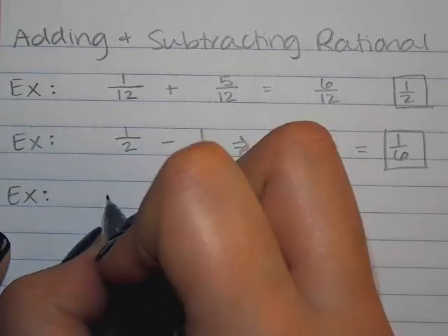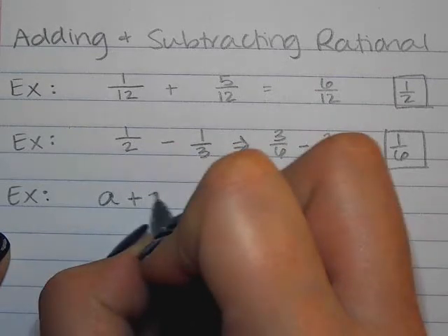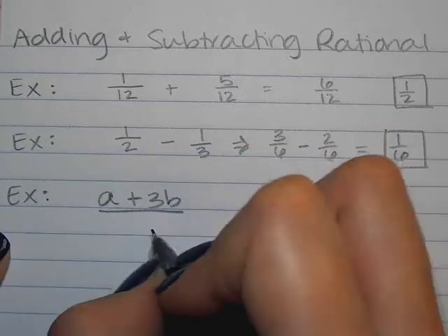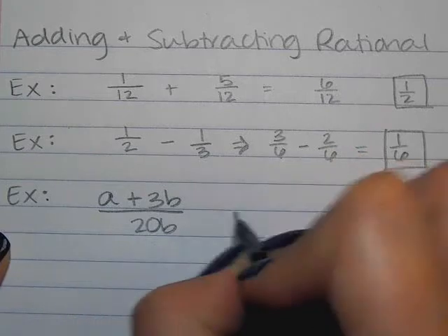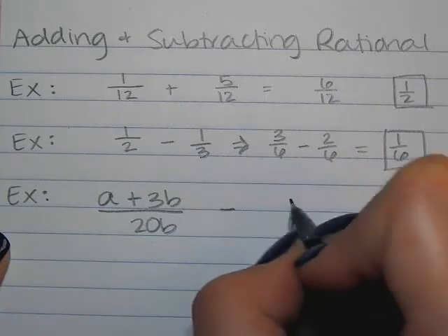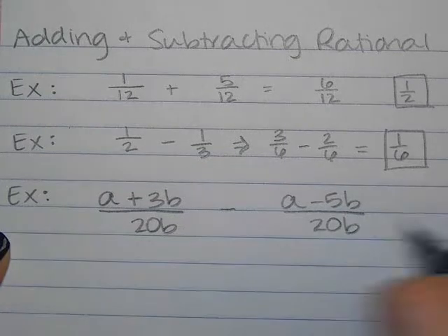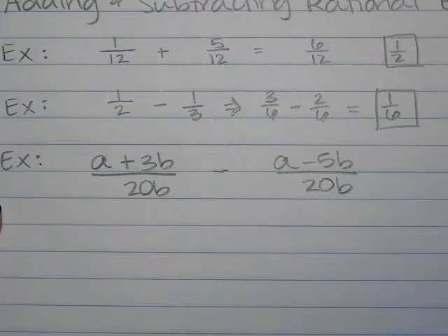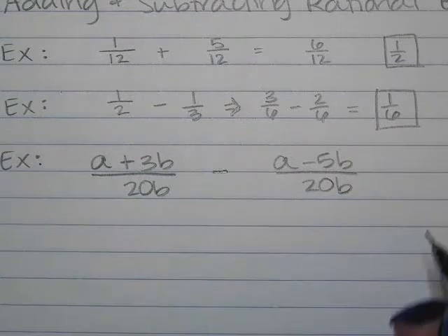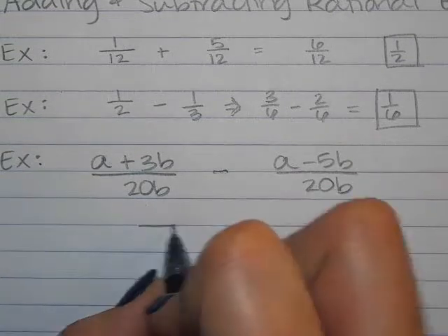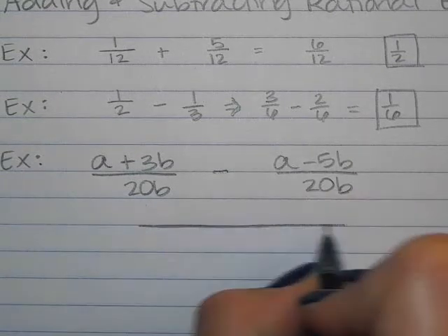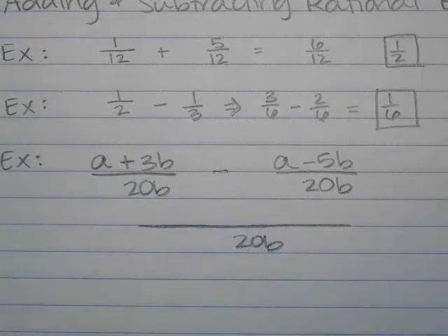So our first example is (a + 3b) divided by 20b minus (a − 5b) divided by 20b. All right, the first thing I'm going to do is write this as one fraction. I know that 20b is my common denominator.